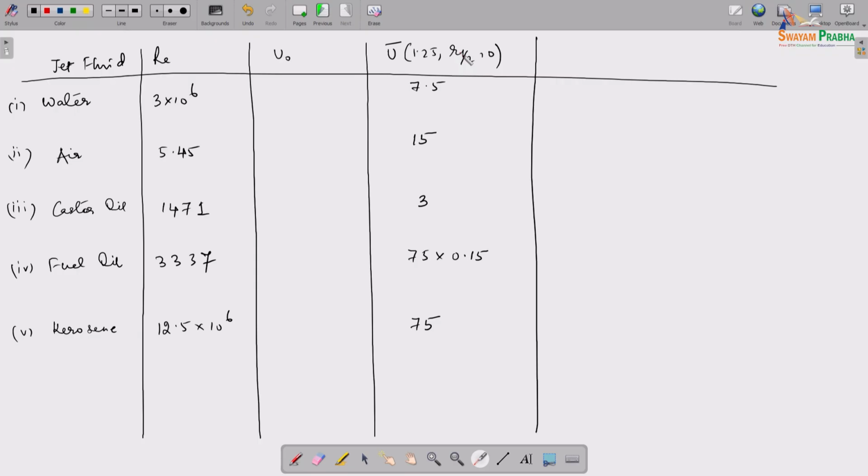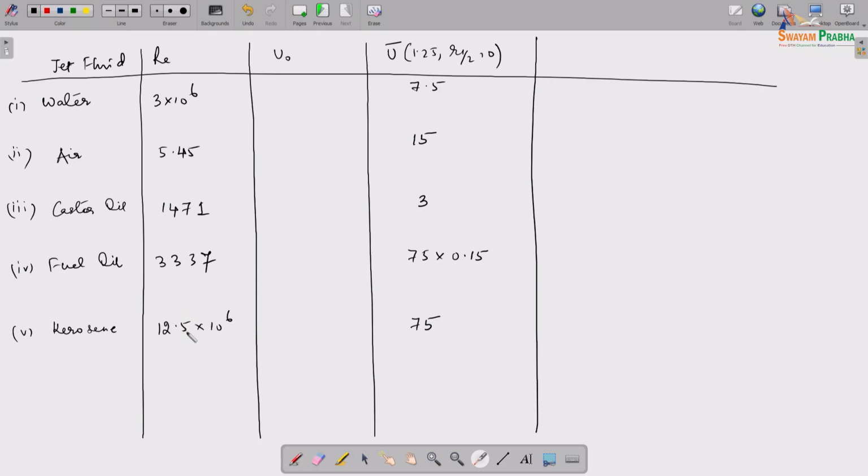However, the fifth one, the kerosene, has the maximum RE. Then you have the water, then fuel oil, then castor oil, and then air. So what I can see is that it's decreasing.